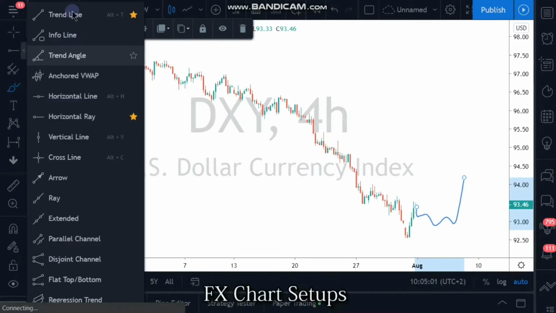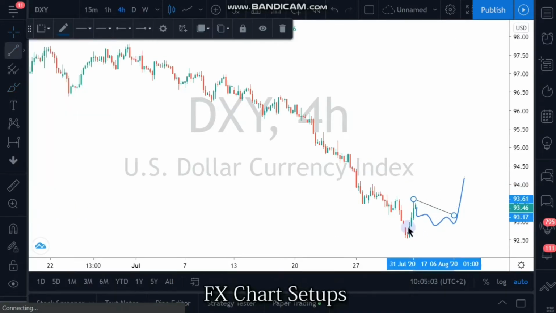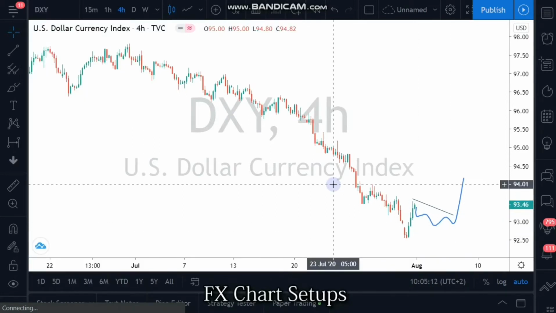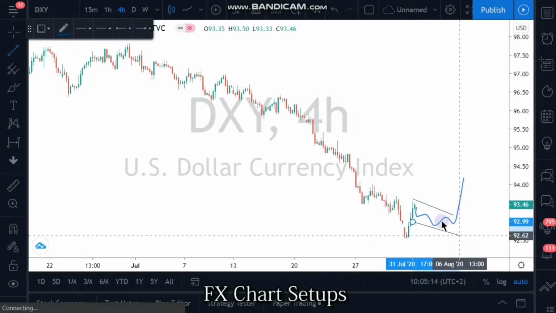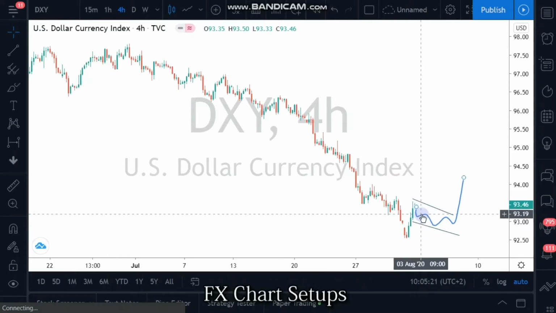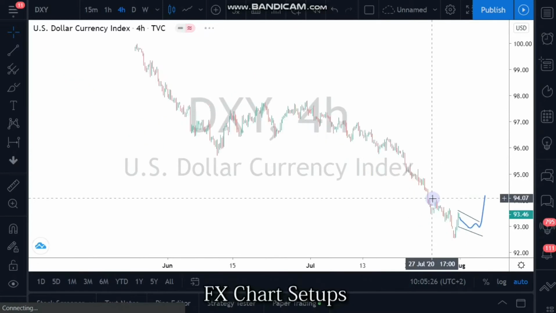So going into next week, what we will be looking for on the DXY, obviously, like I said, buying opportunities only. We'll be looking for this corrective structure here. Cool. Once we see this corrective pattern form, that will be the second indication that now we can start looking for our long opportunities.